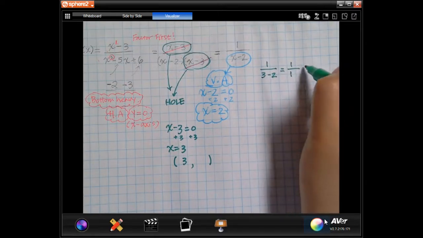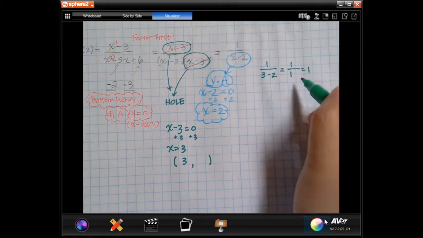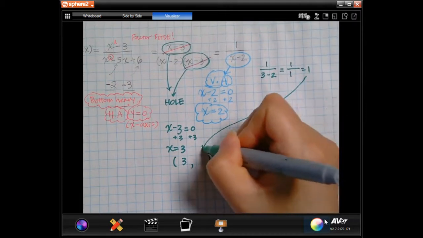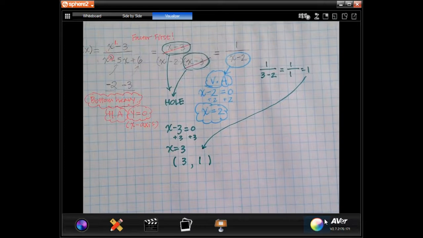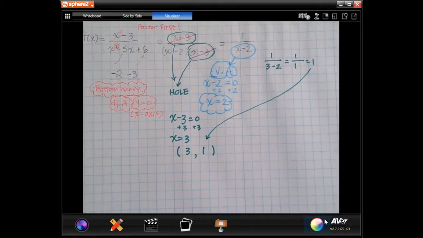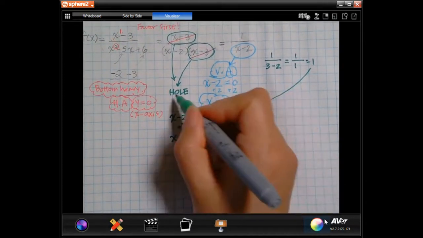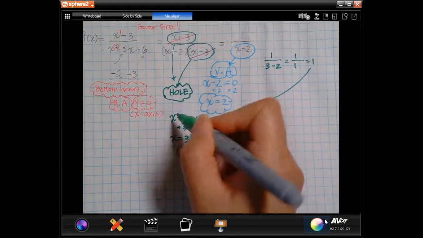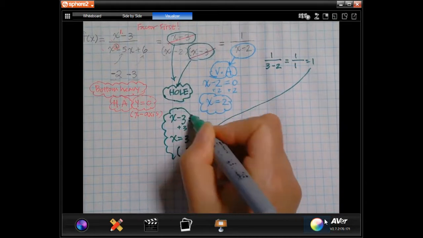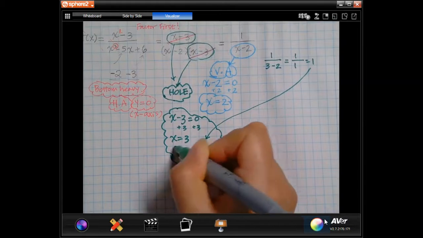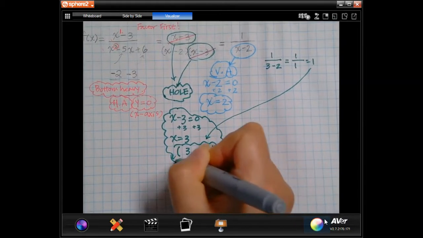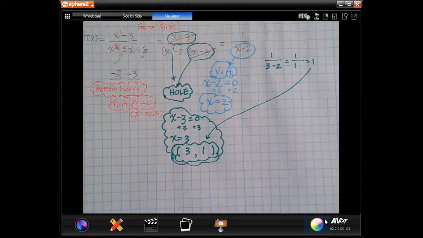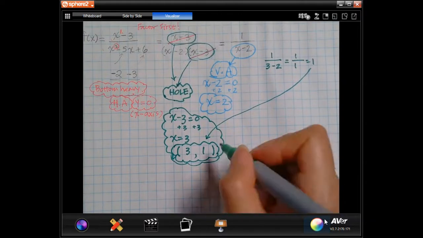So it's essentially 1. Then the y coordinate is 1. So once you are done graphing it, you have to remember this concept of the hole, and then you have to serve this coordinate as the discontinuity. Discontinuity.